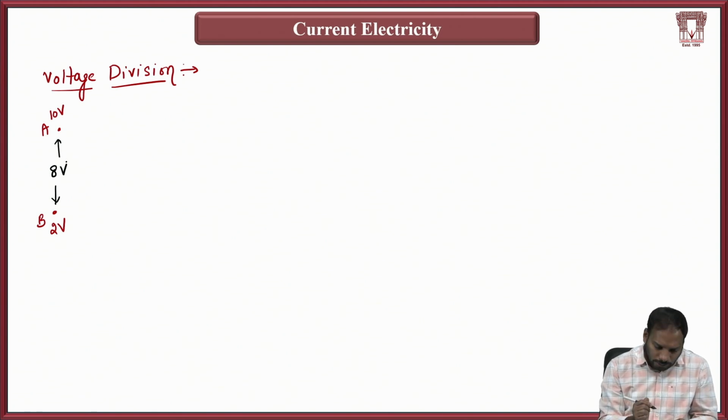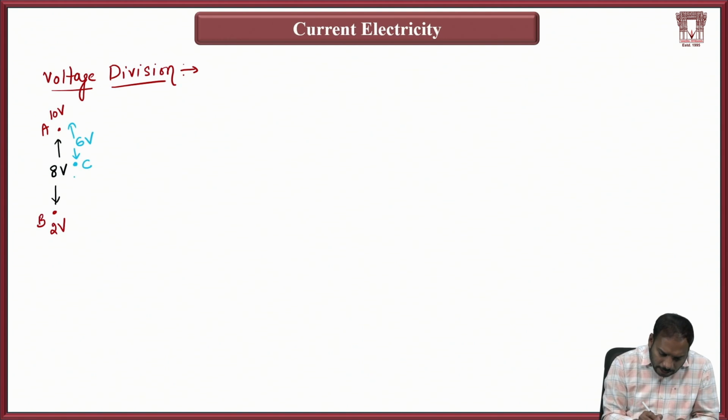Now between the same two points, I will incorporate one more new point, which I consider as C. If you divide the voltage between A and C and between C and B, you can divide it as you want. Let us consider the voltage between A and C is 6 volts.